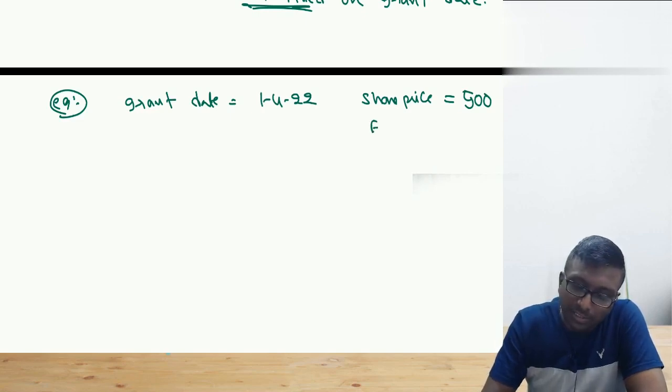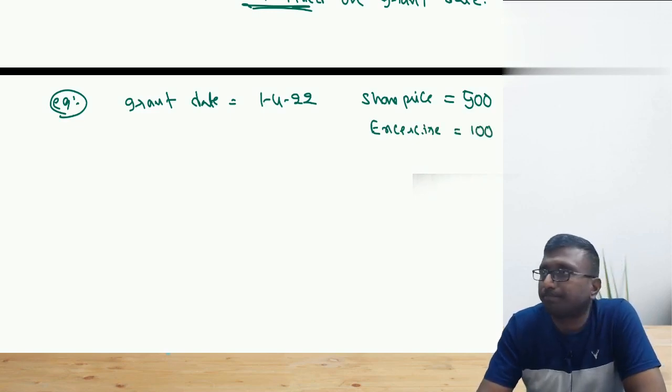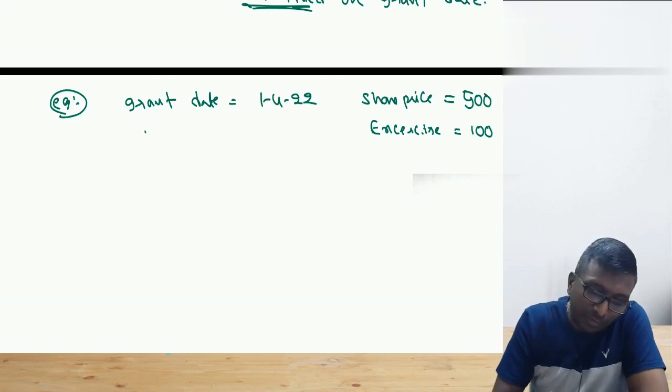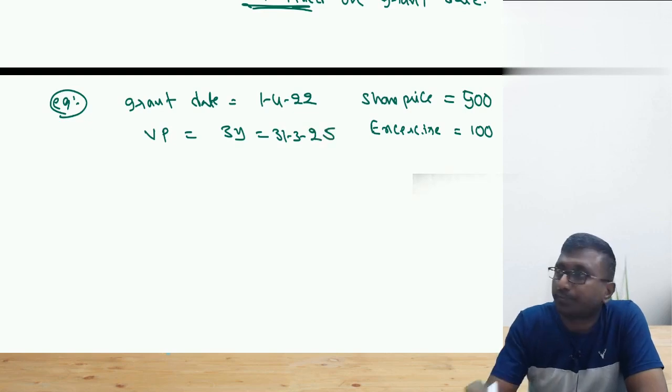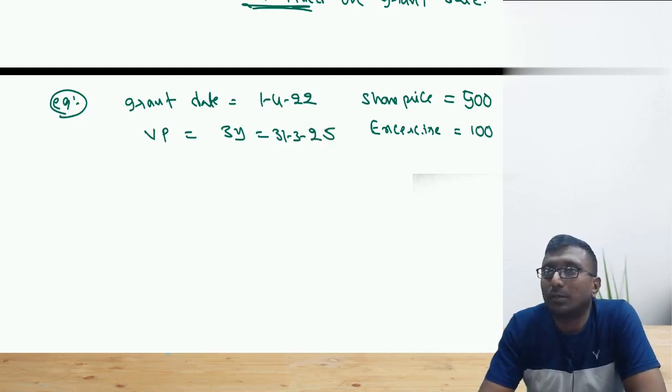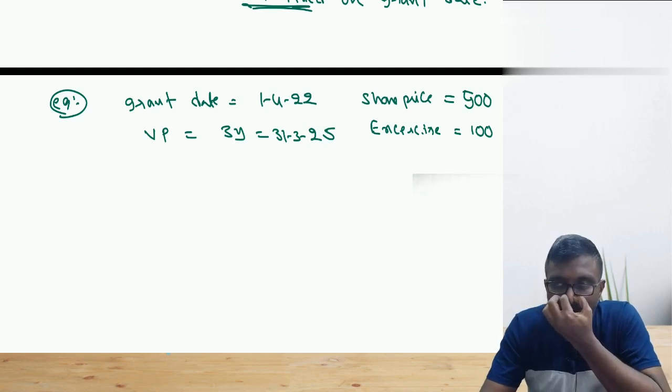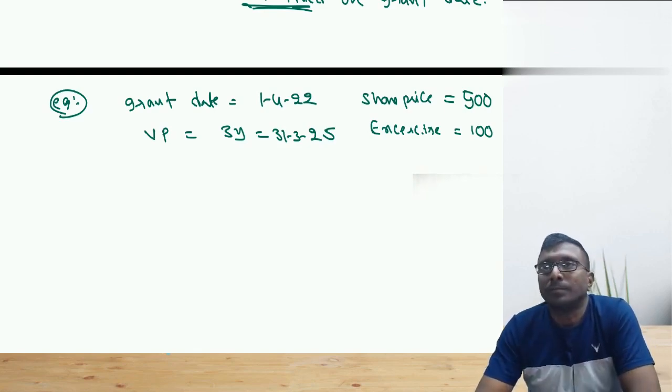Exercise price is equal to 100 rupees. Vesting period is equal to 3 years, so the vesting date is 31st March 25.